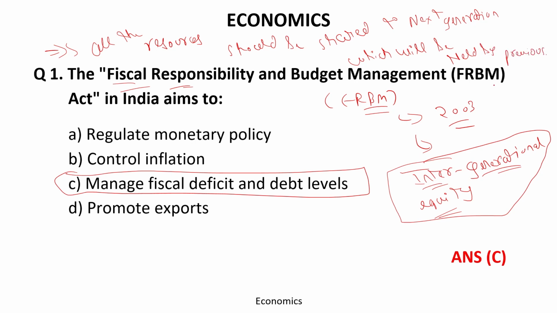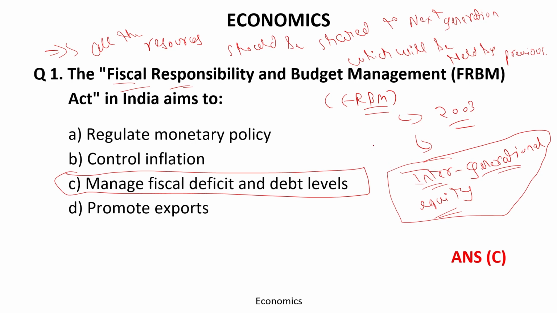It simply means that if one generation, suppose our generation, has some economic and financial resources, all these resources should be shared with the upcoming generations. So this is what is meant by intergenerational equity. FRBM was basically drafted to promote intergenerational equity.